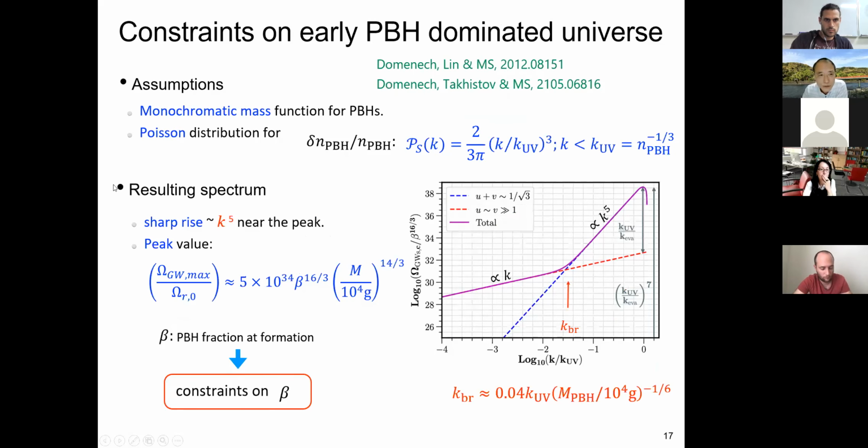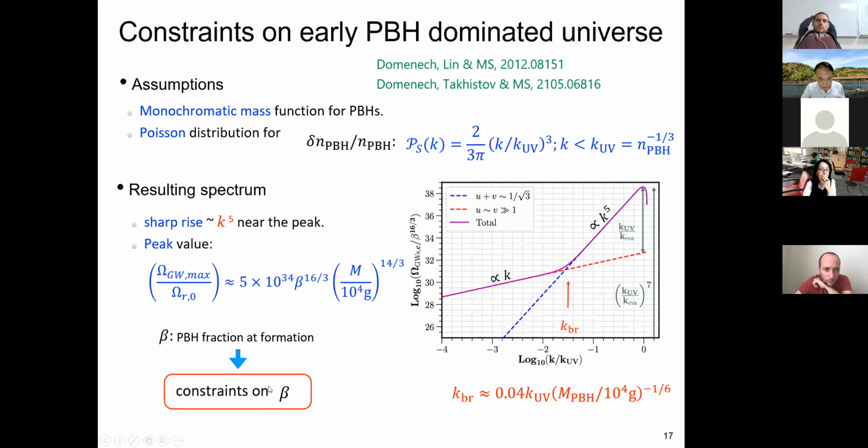And actually this was the case, and if you do some simple analysis with fairly simple approximations, like a Poisson distribution for the initial black holes and so on, then you have this gravitational wave power spectrum, which has this k to the 5 peak, and the gravitational wave energy density per logarithmic scale of the wavelengths scales like k to the 5.